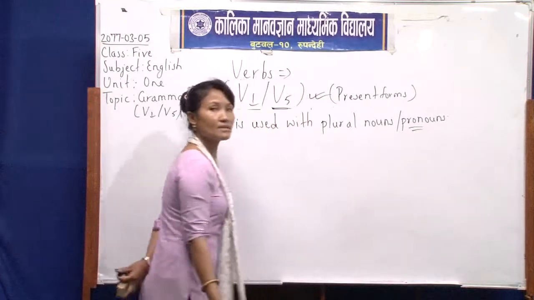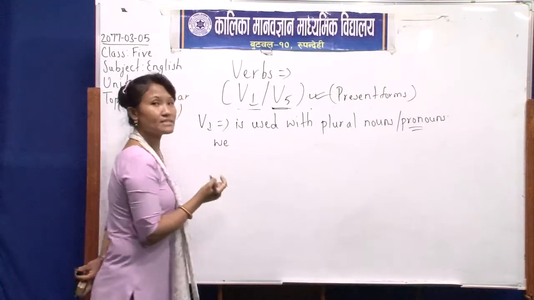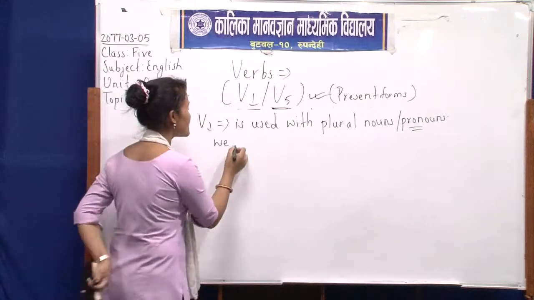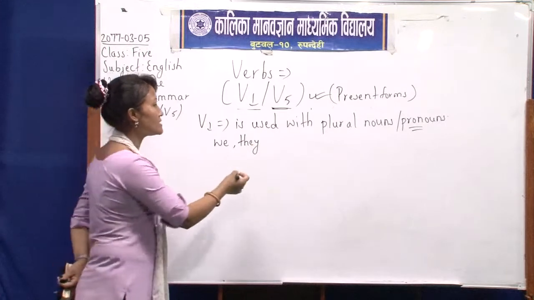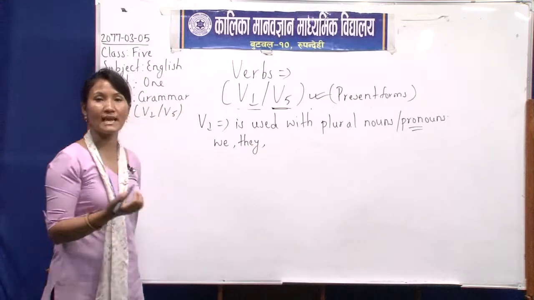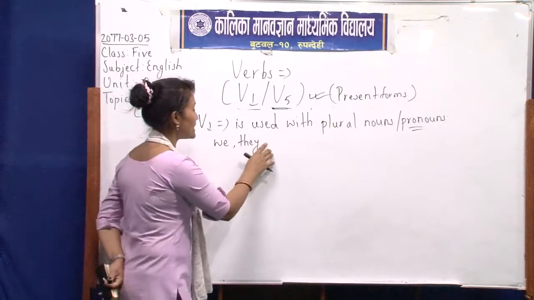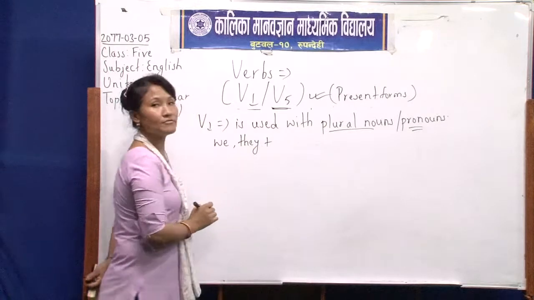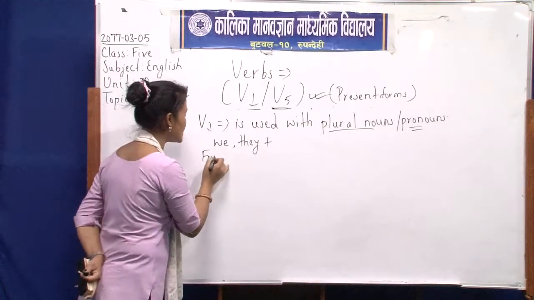What are plural pronouns? We is plural. We means all, isn't it? Likewise, they is also plural, and plural nouns can be the boys, girls, teachers, isn't it? So we, they plus plural nouns, they take what? Verb 1. For example, I will make some sentences over here.